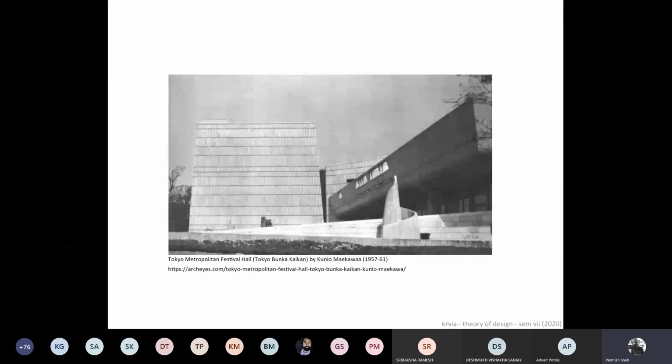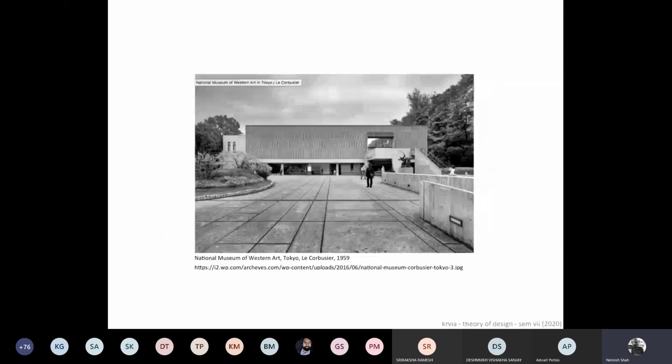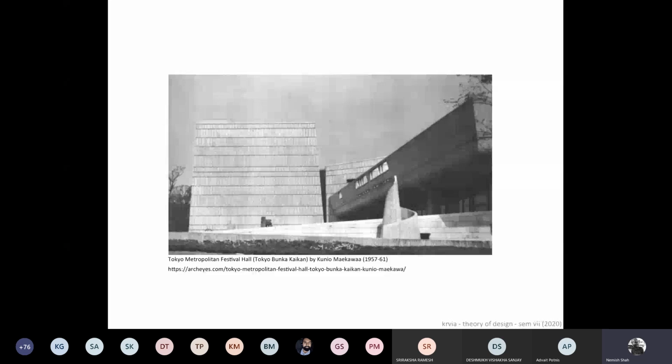And he talked about this again. He was obviously influenced by Le Corbusier. This is a building by Le Corbusier right next to the Tokyo Metropolitan Festival Hall. And he talked about this kind of modern architecture as bringing Japan back into the modern age.